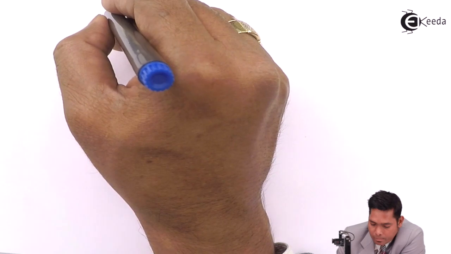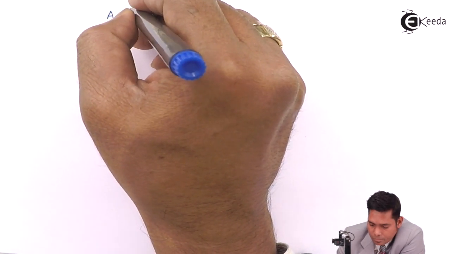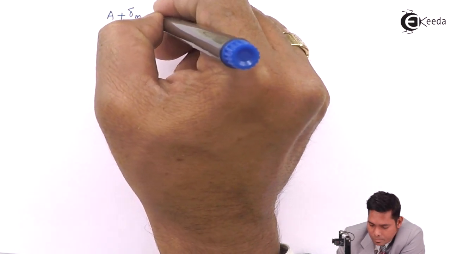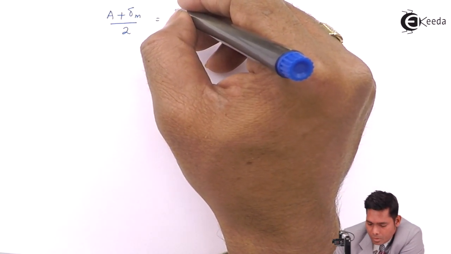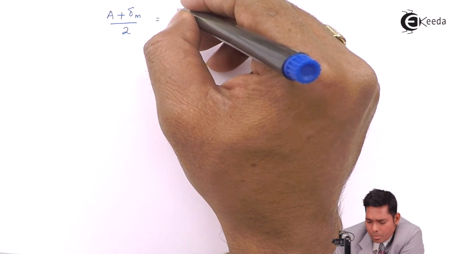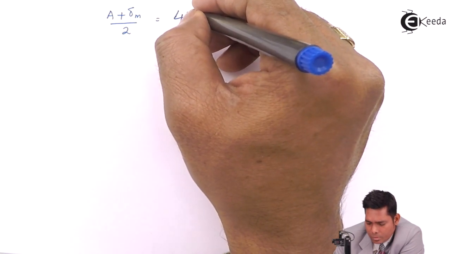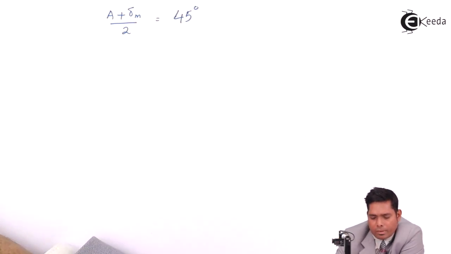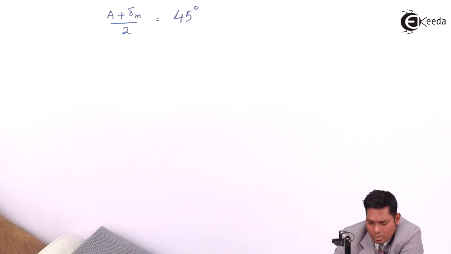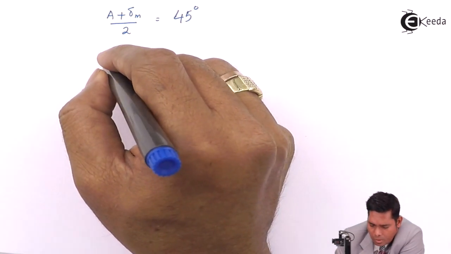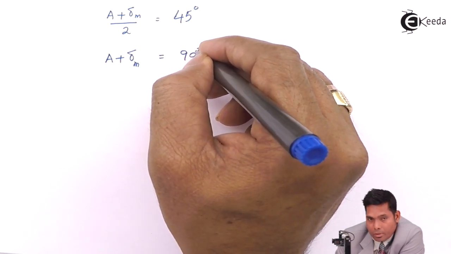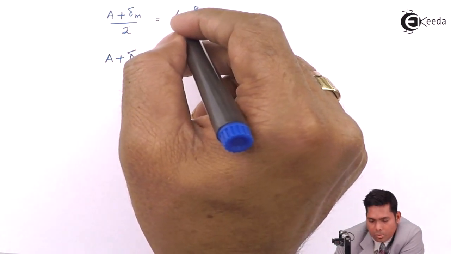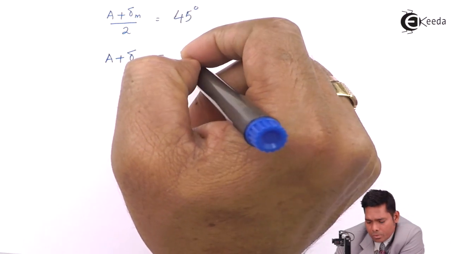So sine 45 is 1 by √2. So I'll write that 45 degrees. Now a plus delta m by 2 is 45 degrees, so a plus delta m comes out to be 90 degrees, because 2 multiplied by 45 degrees gives you 90 degrees.